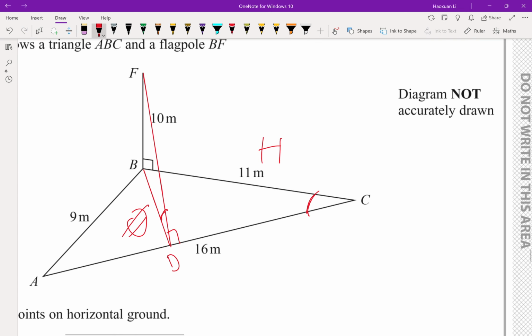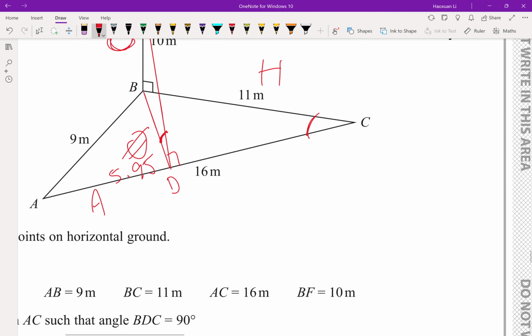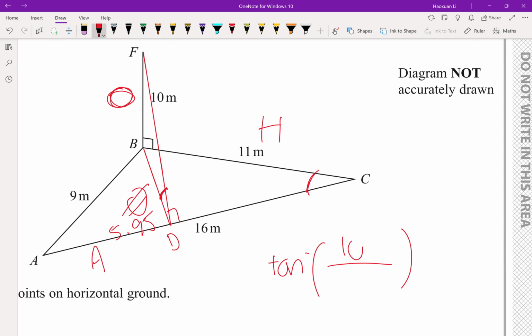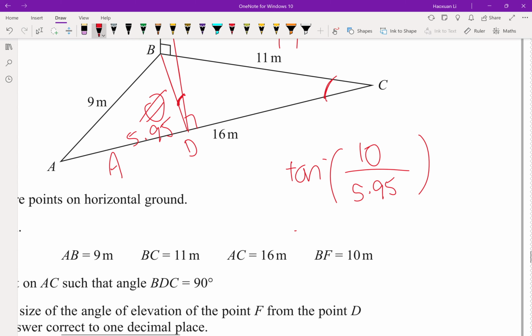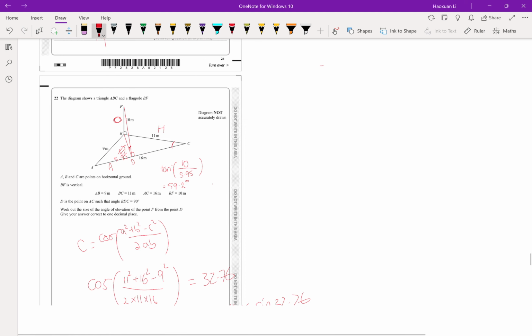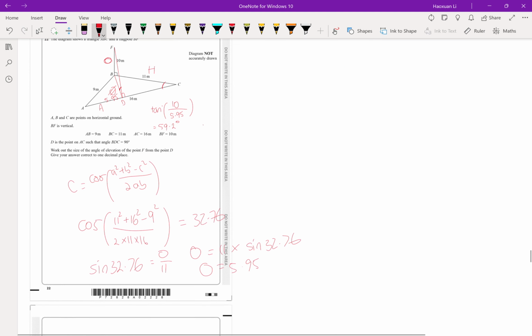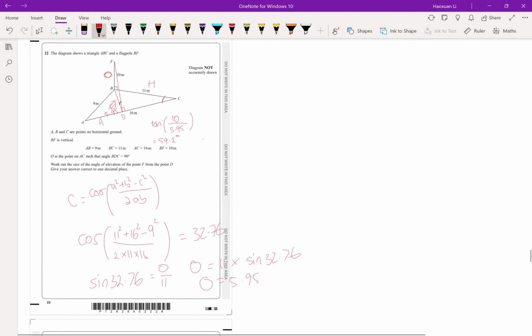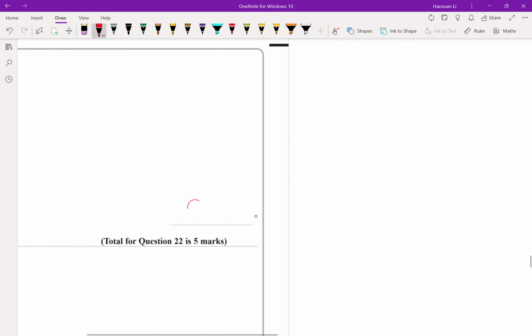So here this one will be 5.95. And now in order to find this angle, this will become the opposite, this will be adjacent. So here the tangent rule will come into place. Opposite is 10 and adjacent is 5.95, and this will be 59.2 degrees. The answer here will be 59.2.